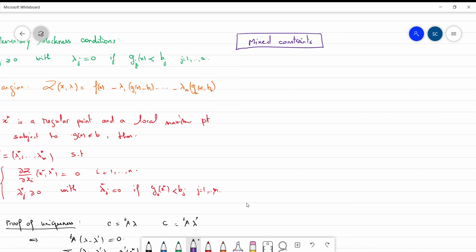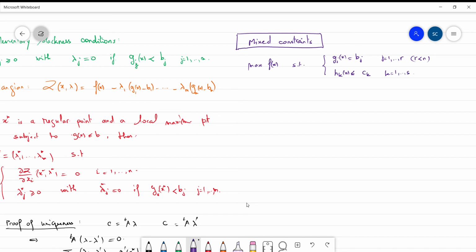Mixed constraints means we are dealing with, let's say, the model problem is this one, subject to the constraint. Part of it equality, g_g of x equals b_g with g from 1 to r, and with r less than n. And the other part, h_k of x less than c_k with k from 1 to s.